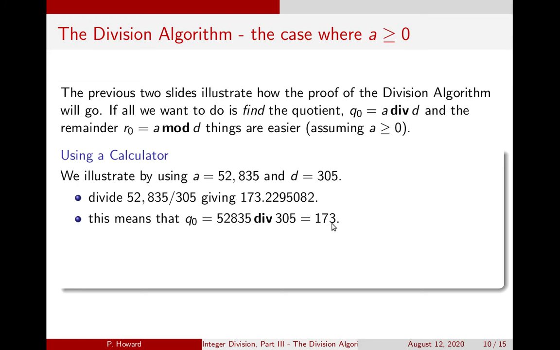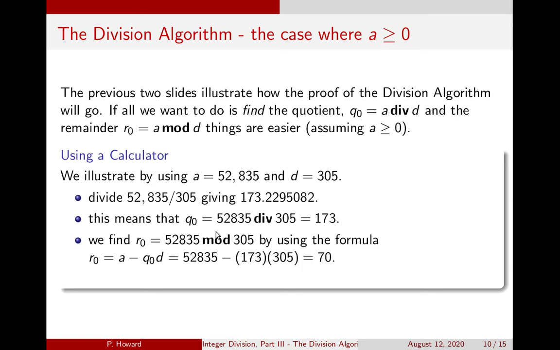And now we need to calculate the remainder, which we do using the formula. The remainder has to be a minus Q0 times d. So the a in our example is 52,835. In step 2, we found that Q0 was 173 and d is 305.